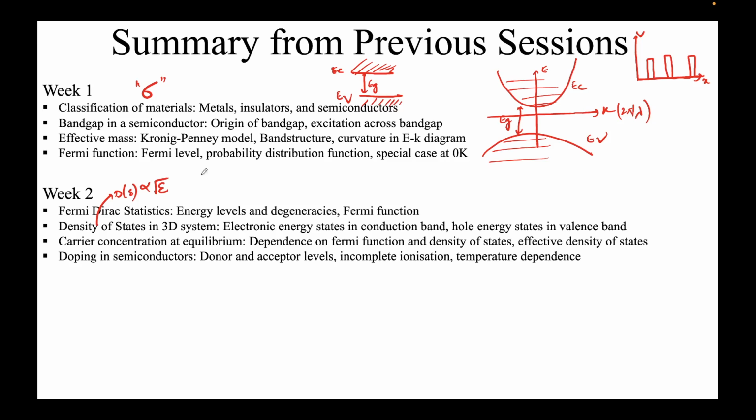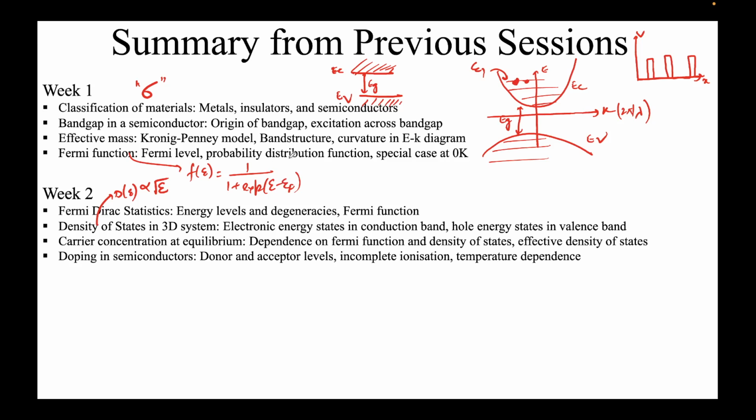Now the other entity that we talked about was the Fermi function. So Fermi function is nothing but the probability of finding an electron in any given energy state. So let's say this energy state is E1. Is the electron occupying this energy state or not? That was given by Fermi function, and we saw that it was given by something like this. EF is the Fermi level, an analytical concept in the sense that the probability of finding an electron is exactly half.